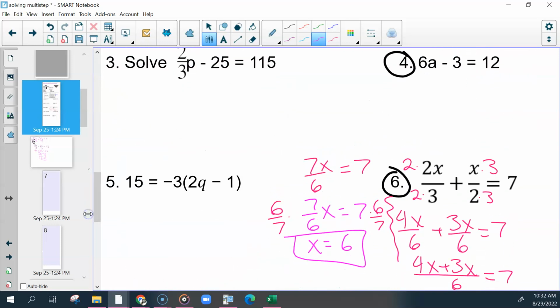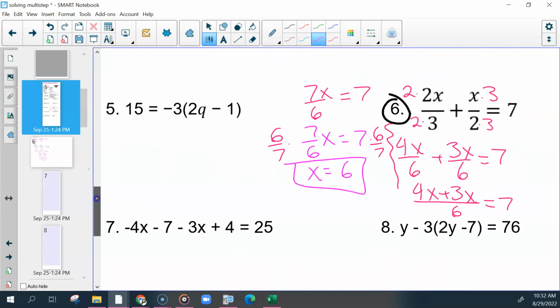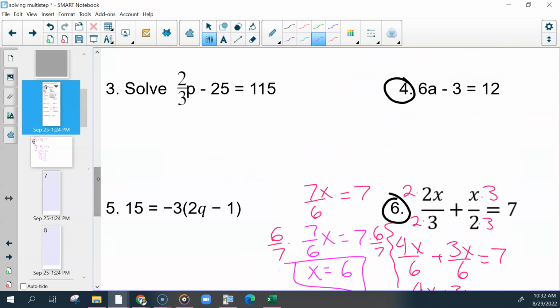So we added 4 to our question, so we'll do 4 and then 10. You may have 10. So with number 4, we're going to get a by itself. So we're going to get rid of the 6 and the 3. What would we do first?